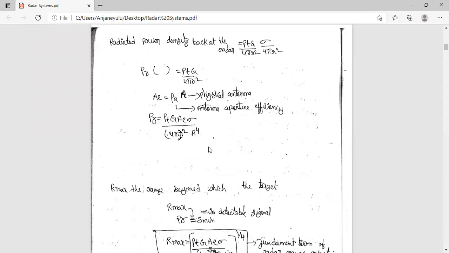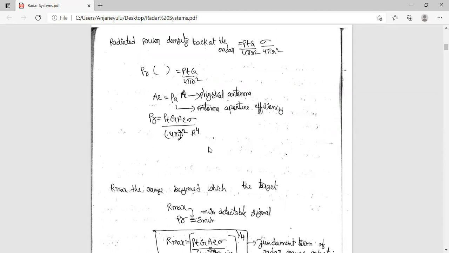Here that is the received power. After the electromagnetic signal reaches the target, some of it is reflected back to the receiving antenna. By the time it reaches the receiving antenna, the density of these signals is somewhat less.